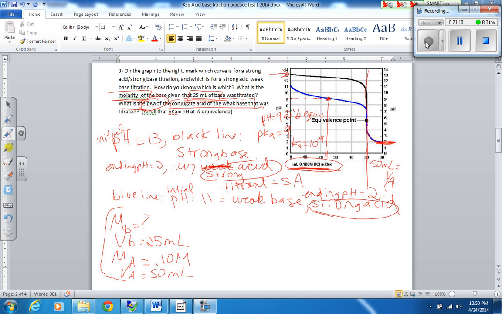Ka times Kb is 10 to the minus 14. Easier way is to recognize, we have pH plus pOH is 14. pKa plus pKb for a conjugate pair is also 14. So we know the pKb is just 14 minus 9, which is 5. I didn't ask you that question, but that's how you would have done it had I asked it.